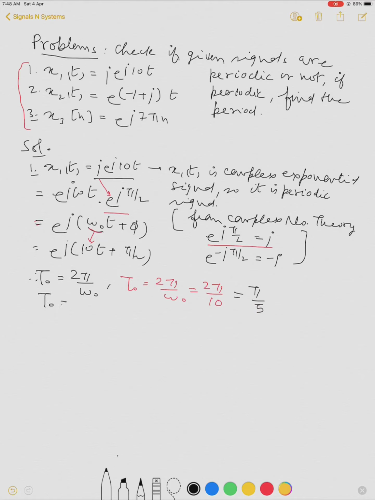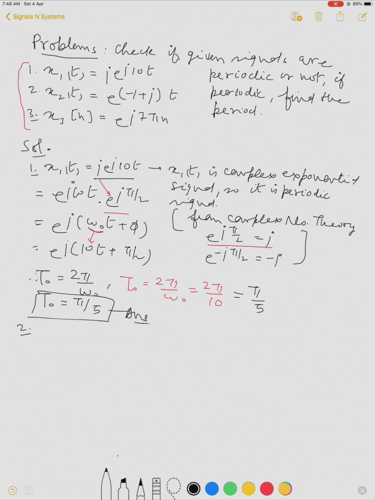So T naught is equal to pi by 5. Answer: x1(t) is a periodic signal. It is a complex exponential signal, and the period of this signal is pi by 5.